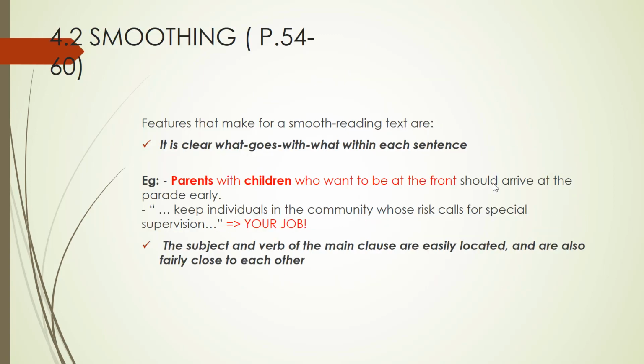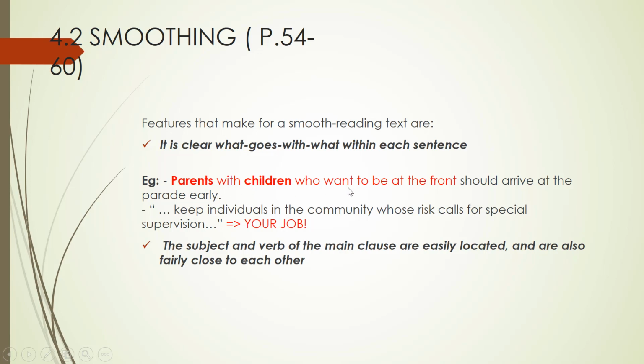Alright. Now we talk about the problem of smoothing. A smooth reading text shares the following features. Firstly, it is clear to know what goes with what within each sentence. Like this one, these ones are not very clear.